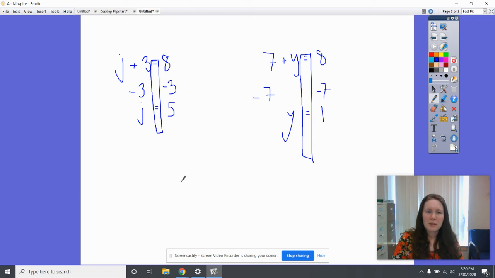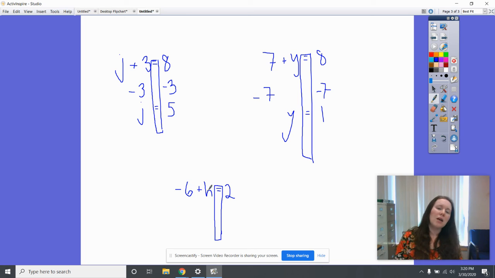Let's try one more like this. What if we have negative 6 plus h equals 2? Okay, well, I can't do minus h on both sides because I'm trying to get h by itself. So I'm going to draw that wall. And now I'm trying to get rid of the negative 6.